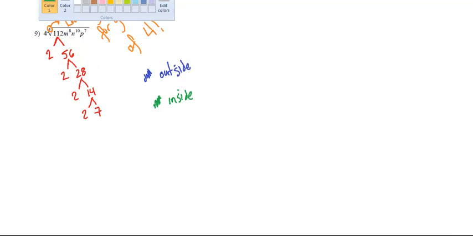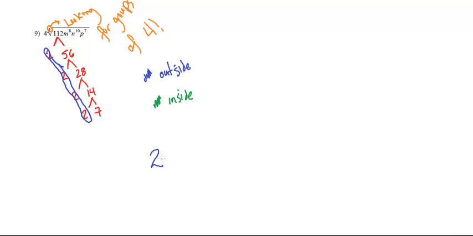Alright, so I'm going to start with looking for those groups of 4. Alright, there's 1, 2, 3, 4 2s. So I know I'm going to have a 2 out front. And I know I'm going to have a 7 left over, because the 7's got no love. No other groups it can pair up with.